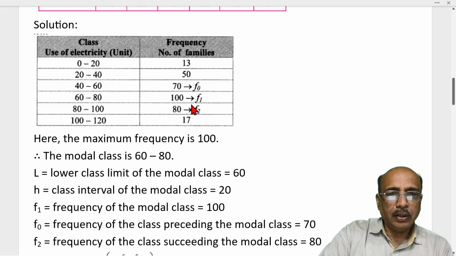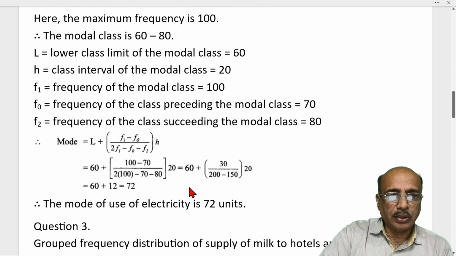F1 is 100, F0 is 70, F2 is 80, lower class limit L is 60, and class interval is 80 minus 60 equals 20. So H equals 20.